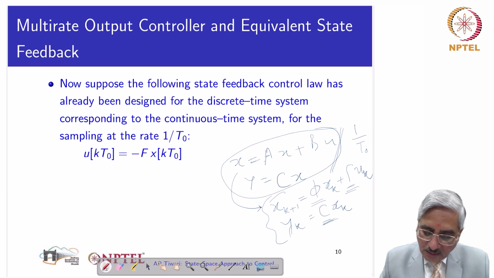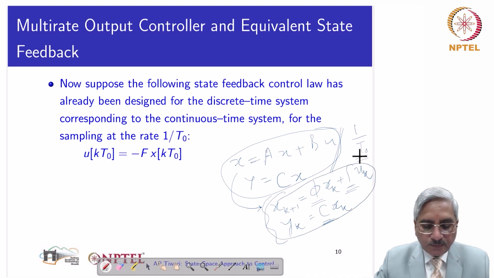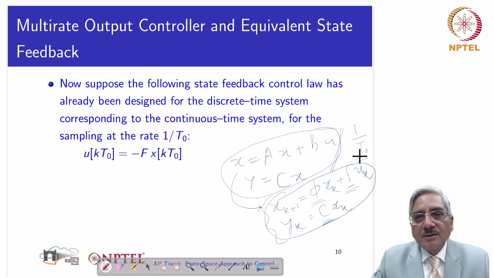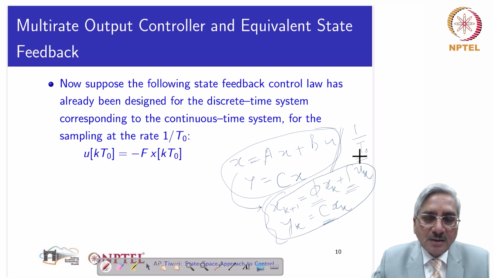Now for this system sampled at the rate 1 by T0, we assume at the beginning itself that we have already designed a state feedback control, either to place its poles at desired locations by pole placement techniques, or by linear quadratic regulator design, or by any other consideration.